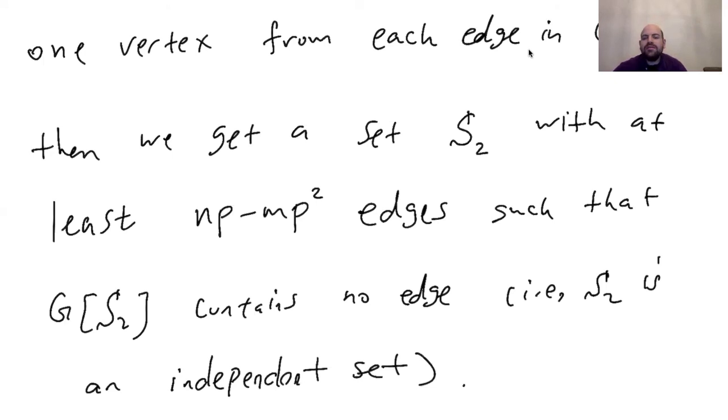So think about the example where np minus np squared was 3. That means I could have, for example, 7 vertices and 4 edges. If I delete one vertex from each edge, how many vertices have I deleted? 4 of them.